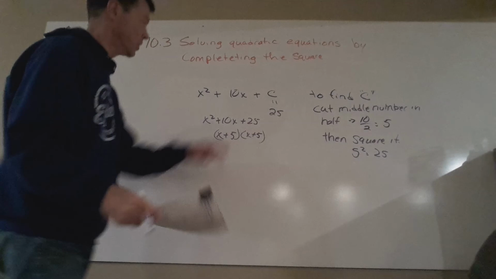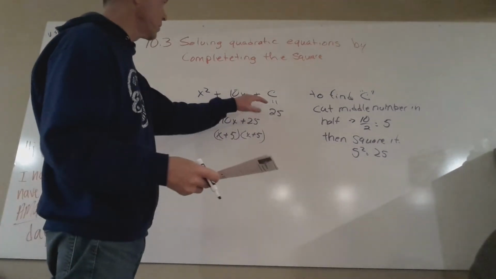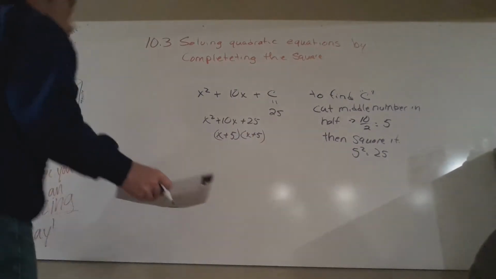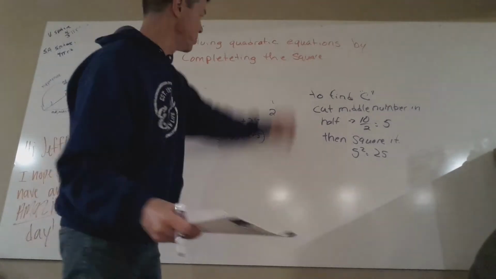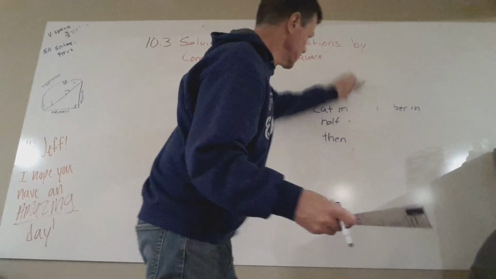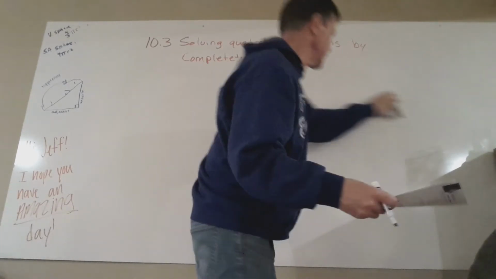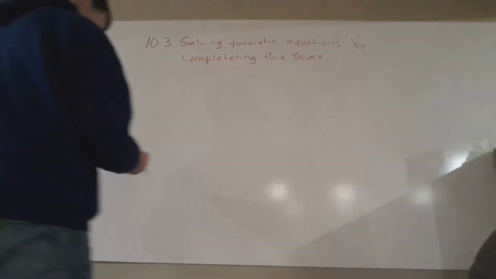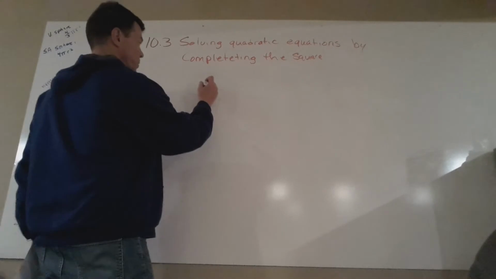Perfect square trinomial. So there are a couple of problems on here where you have to figure out what this c equals. I'll do another one so it should help make sense. I'm just going to try and get something at random here.